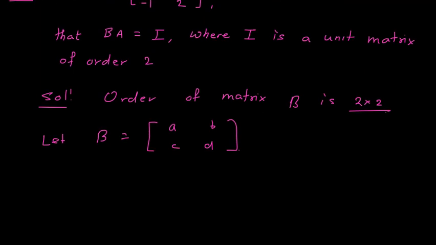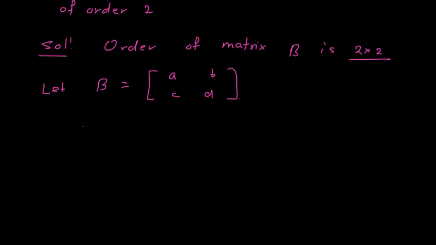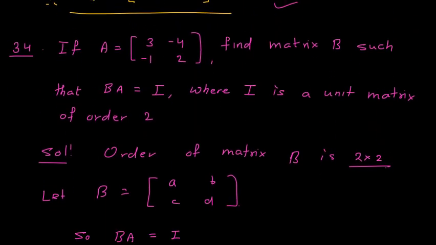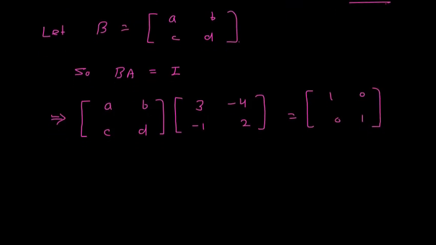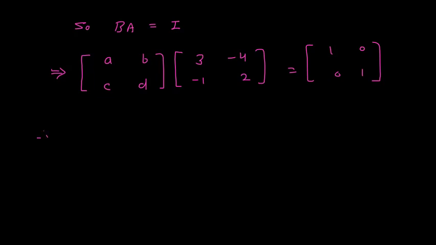Therefore BA is equal to I. So BA equal to I implies that, in place of B I will write [a b; c d] into A. The value of A is [3 -4; -1 2], equal to I. I is [1 0; 0 1].